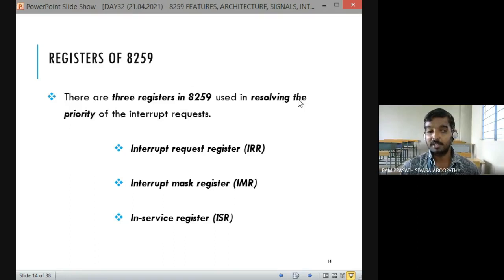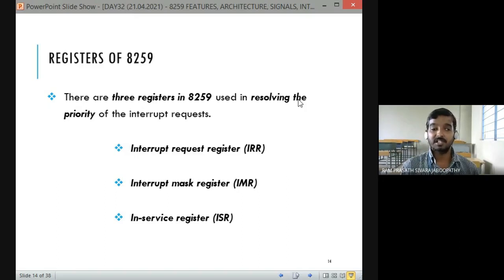Think carefully and answer. When will the interrupt request get stored into the IRR? If it is configured as edge triggered, will it be stored, or if configured as level triggered, will it be stored? Can you guess? If the interrupt is configured as level triggered, what does it mean? The interrupt pin level keeps being maintained till it is serviced. Yes, very good answer, Anthony Surya. Edge triggered.